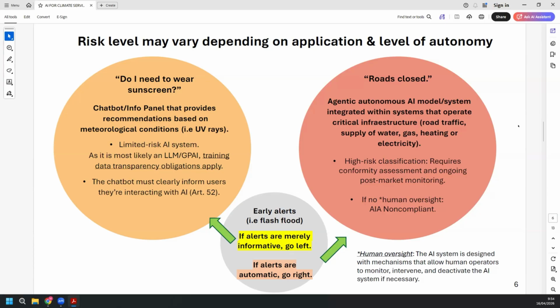So it has immediate impact on a critical infrastructure that impacts people's livelihoods immediately. So it is considered high risk. And if there is no mechanism within the system that allows humans to monitor and intervene in case the system malfunctions, then it would be forbidden. You would be not compliant, and so you could be subject to fines, for example.